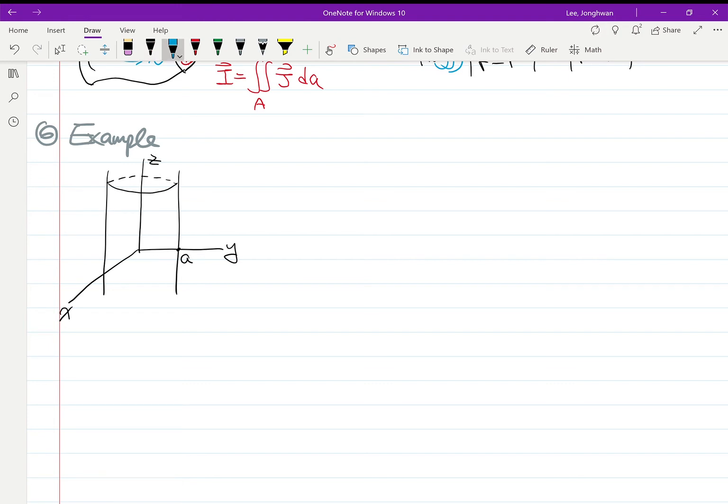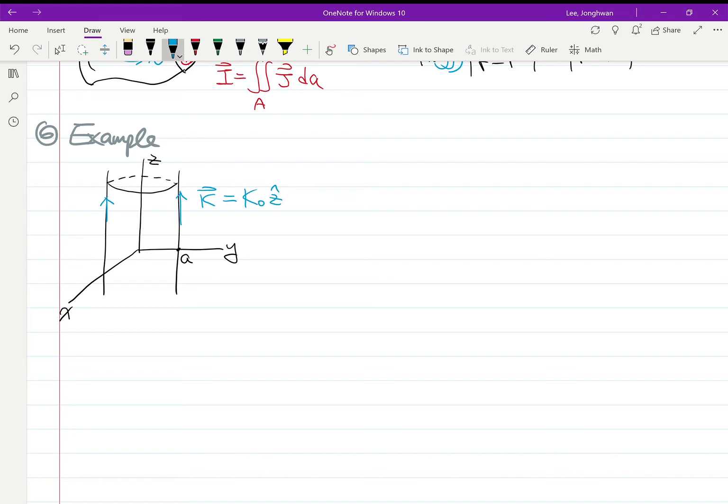And let's suppose all the surface current is flowing upward through the surface of the cylinder. So the surface current density K is K naught z hat.